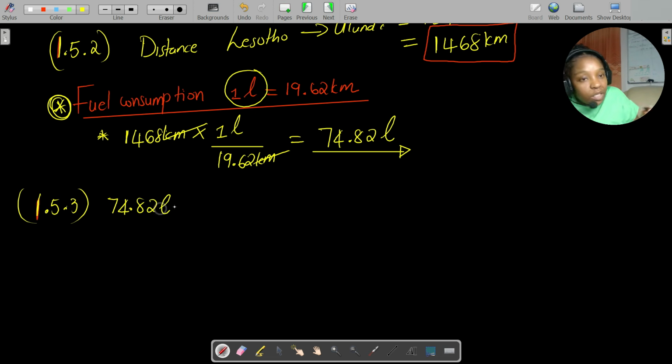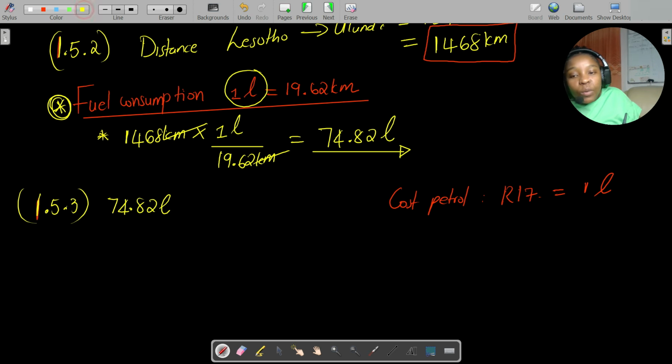We're going to be working with 74.82 liters, and with that other equation that tells us about the cost of petrol. Remember, it told us that if you want 1 liter, you need to pay 17 rand.